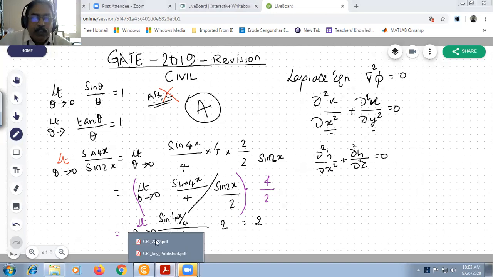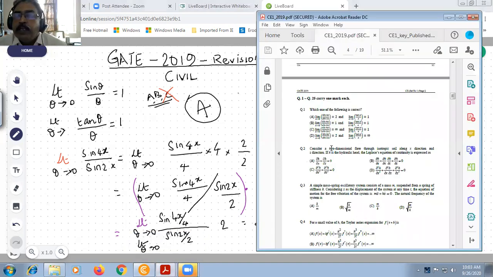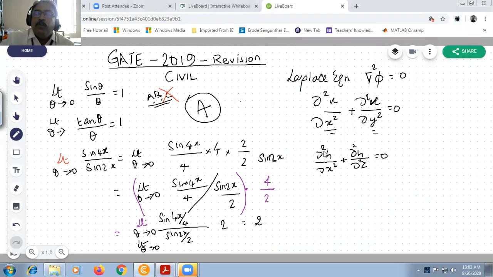If you have del square phi equal to 0 in memory, there is only one option, C, where you have x square and z square, but in D you have del x, del z, which is wrong. It cannot be like that. So directly from memory you can answer. The answer is C.